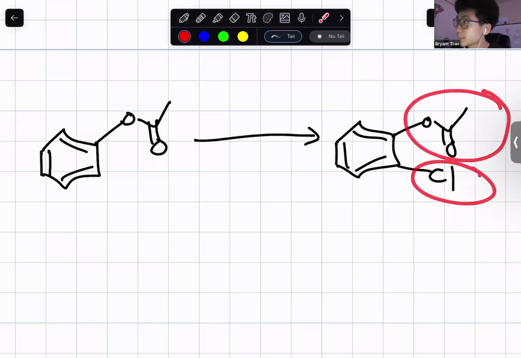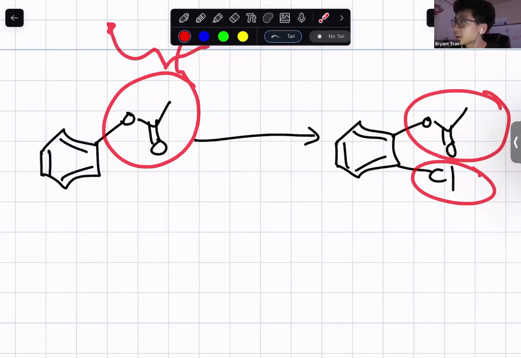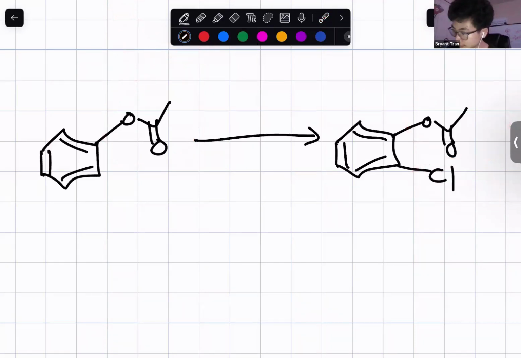Are they ortho to each other, meta to each other, or para to each other? Ortho to each other, yes. And what is this group here? Is this an ortho para director or meta director? Ortho para director, yes.